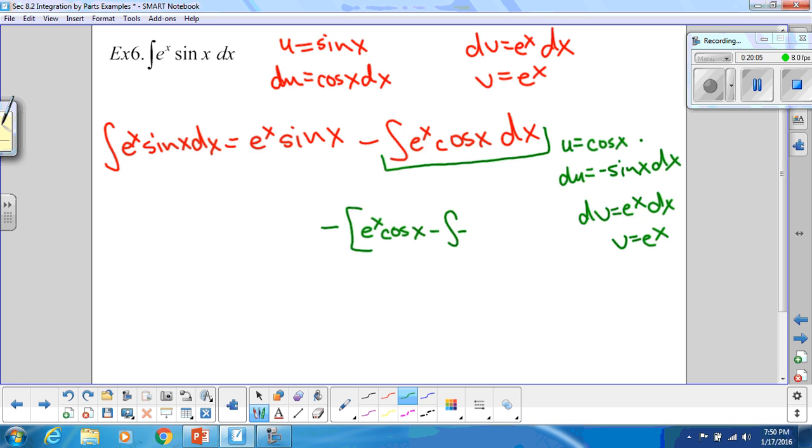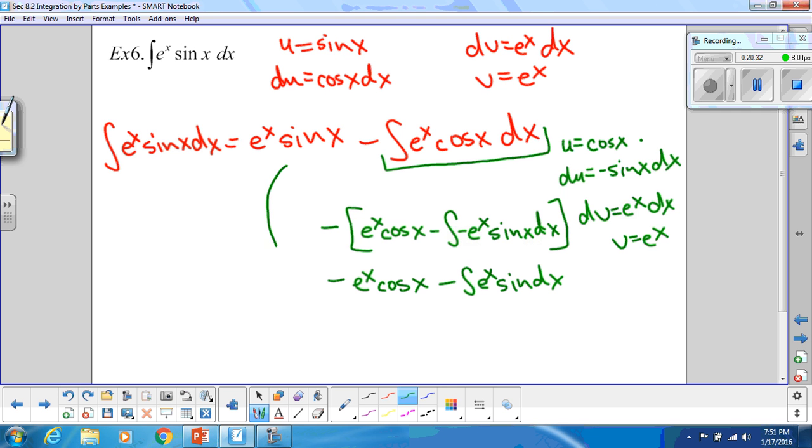So that would be negative e to the x sine x dx. And then if I simplify this, this is negative times negative, which is a positive integral, really. And then I'm going to distribute that negative. So since these are both positive in here, really, these are now going to become both negative. I will also bring this e to the x sine x down. E to the x times sine x.